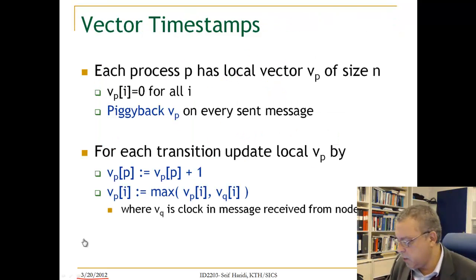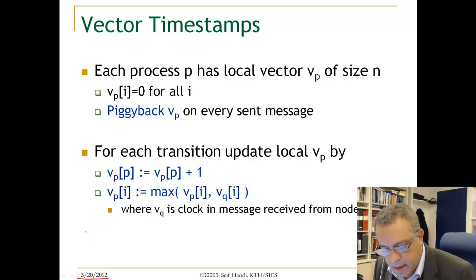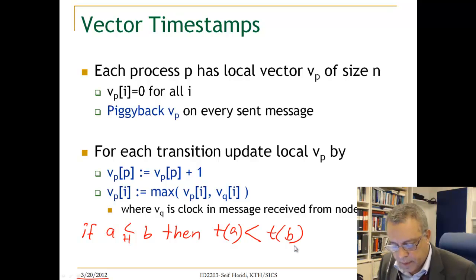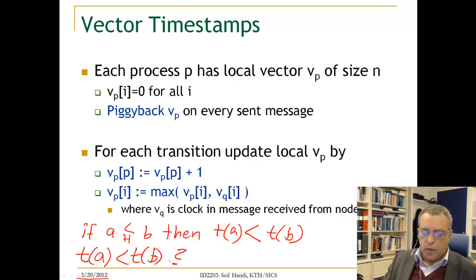Now we continue with vector timestamps, after we studied Lamport timestamps. What we know from Lamport timestamps is that if A happens before B, then the timestamp associated with A is less than the timestamp associated with B. But if we have TA less than TB, we cannot say anything.